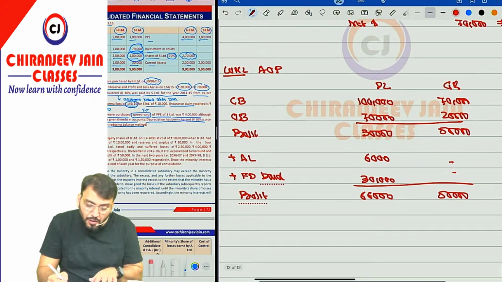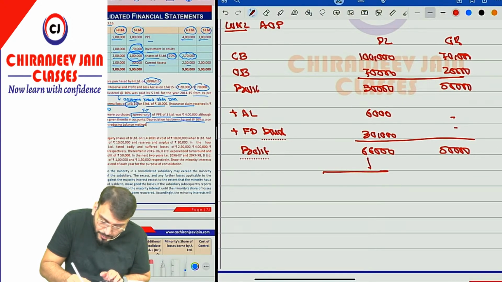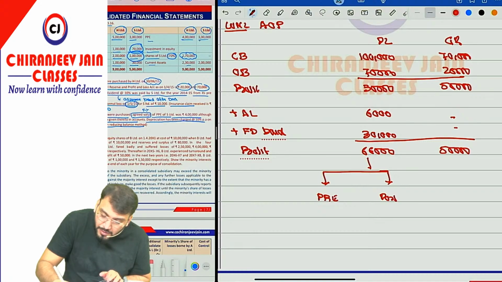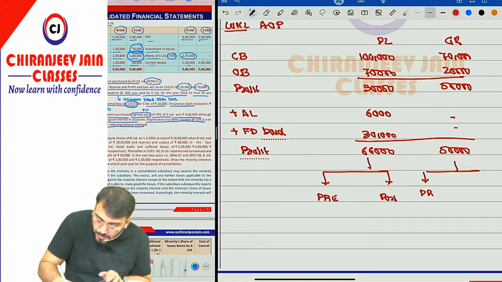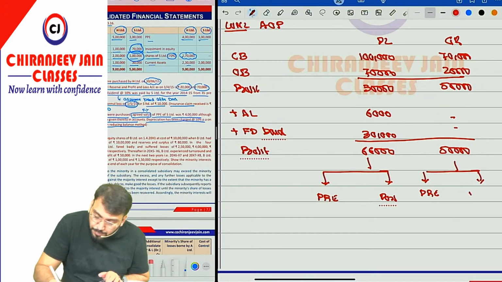Correct. Now this will be allocated to pre and post acquisition profit. This will also be allocated to pre and post acquisition profit because this is also profit earned during the year. Correct now? So pre and post.